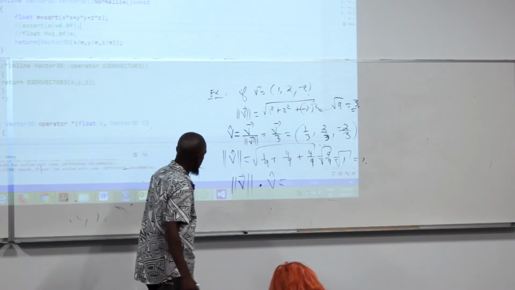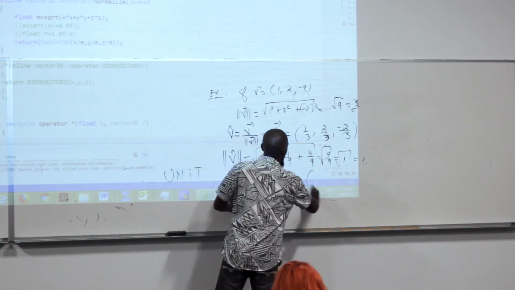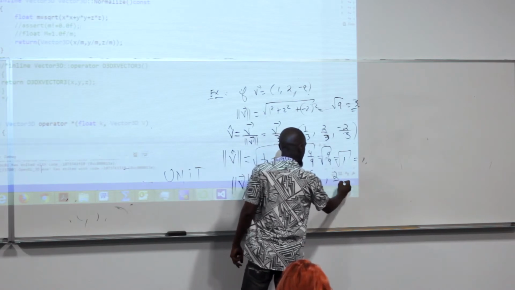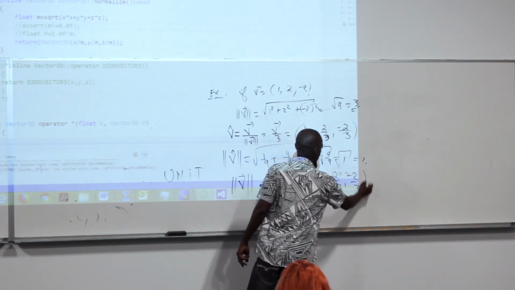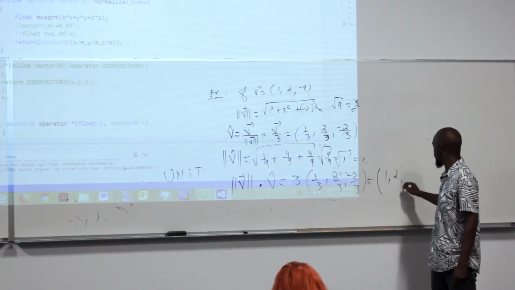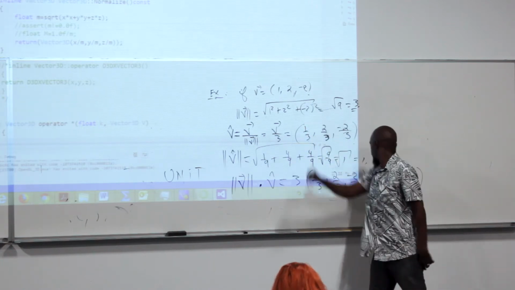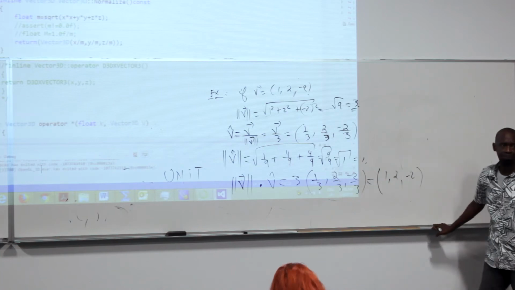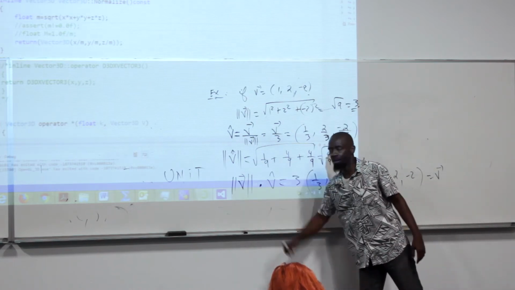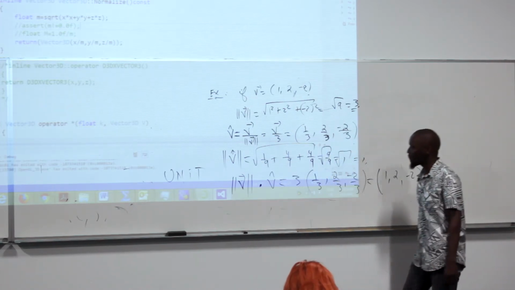That will be V. The norm is 3. V hat is 1/3, 2/3, minus 2/3, and multiplying the 3 inside gives you 1, 2, minus 2, and we're back to V.